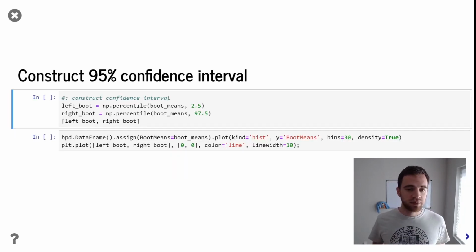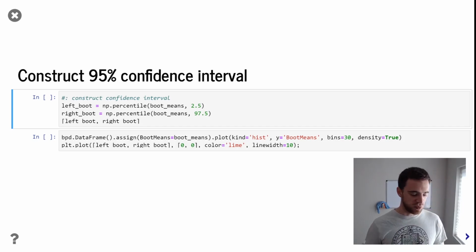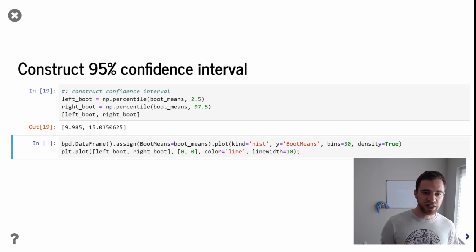Let's use the bootstrap to construct our 95% confidence interval. So remember, the way that we do this is we compute percentiles, the 2.5th percentile and the 97.5th percentile. That'll give me an interval that contains 95% of the data. So we run this, we get our 95% confidence interval.